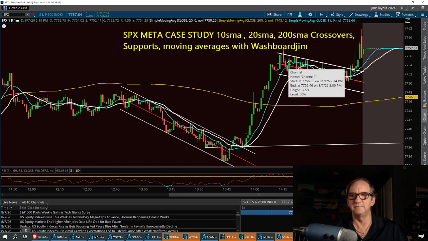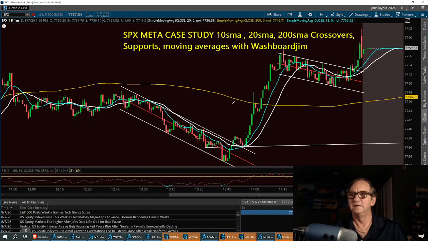That's this week's gamble. And if it pulls back, I'll use that 20 as a support, and if that doesn't hold, then I'll buy a put. As long as we're below the 10, I'm going to be bearish until we cross over the 20. And when we have the 10 and the 20 crossover, then I'm going to become bullish. I'm going to ride it like that.